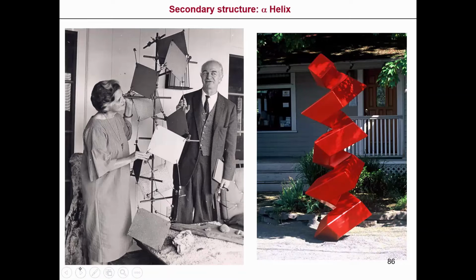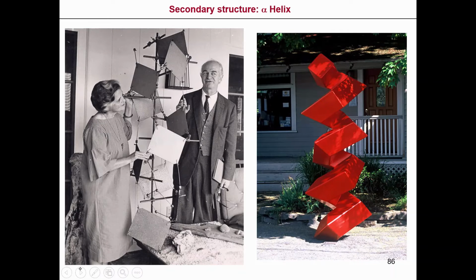So let's start with the alpha helix. This is the first secondary structure found in the protein. That's why it's called alpha. And the second will be called beta. Okay. So the first one is alpha.